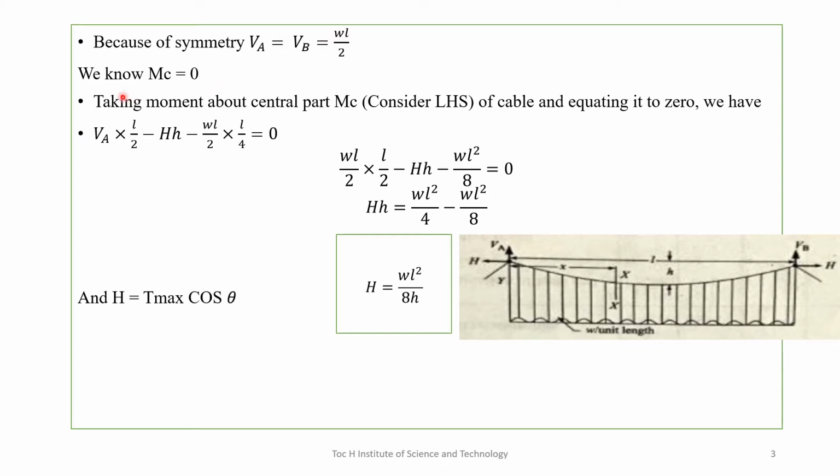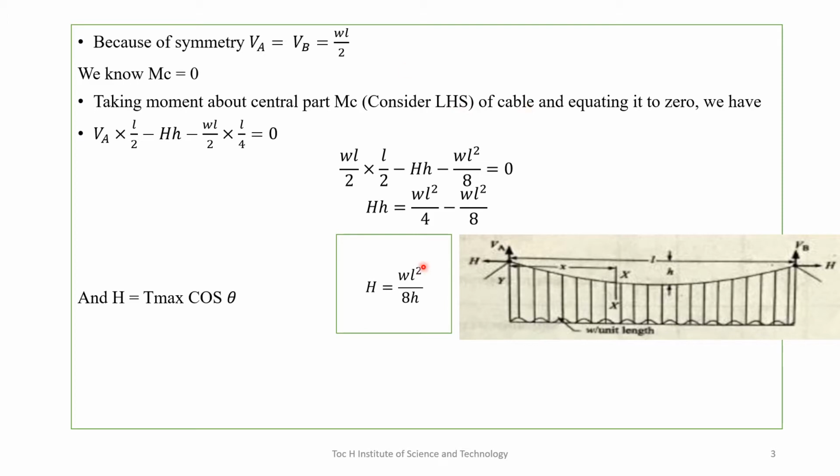Okay, and we know the moment at every point in the cable is 0. So now consider the moment at the central part equal to 0. So let's take the moment about the central part, considering only the left hand side of the cable, and equating it to 0.